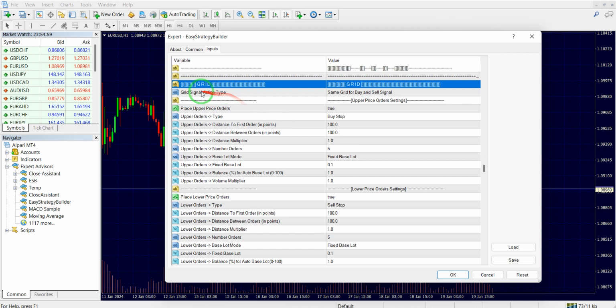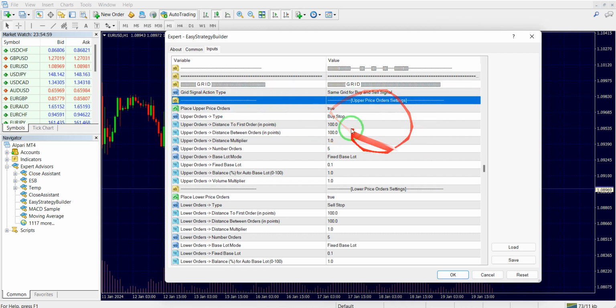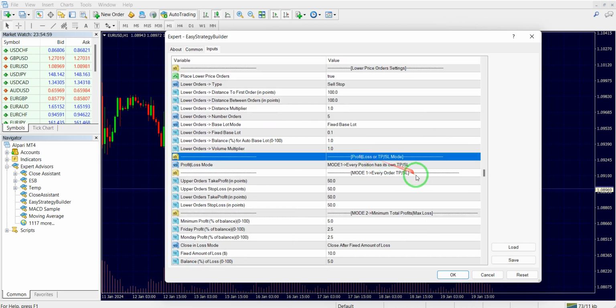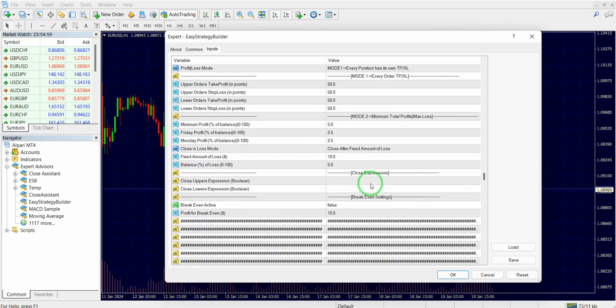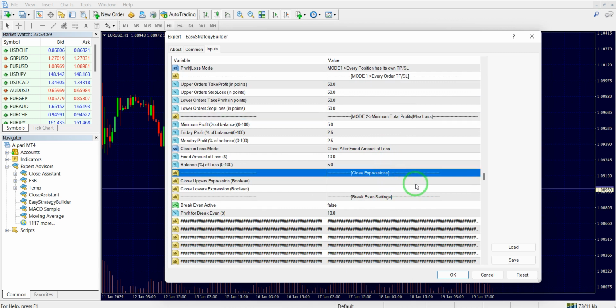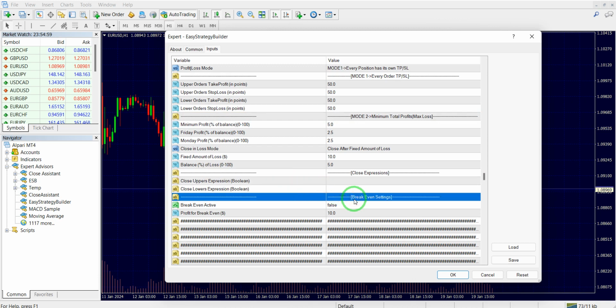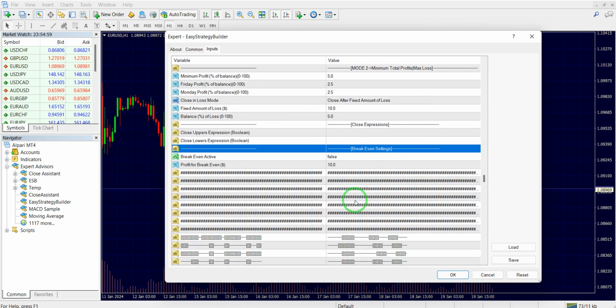So you can set the grid signal actions, how to open the upper price orders in grid, how to open the lower price orders in grid, how to manage the profit per each order or total profit, how to close the grid, close all of the grids. You can write the expression to tell the ESP how to close the grid, and also how to break even the grid. Yeah, that's all of the settings in ESP.